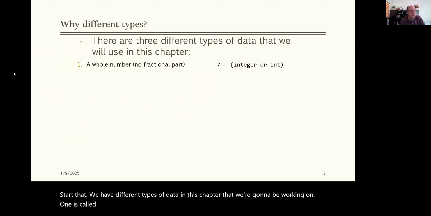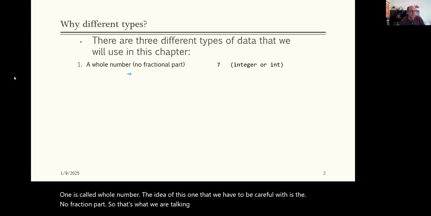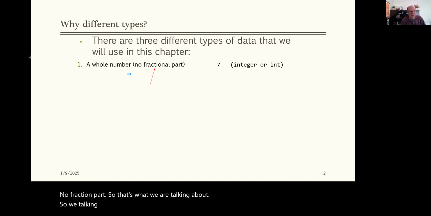The idea we have to be careful with is that there's no fraction part. So it's a whole number with no fraction in it, like 7, 8, and those kinds of things.